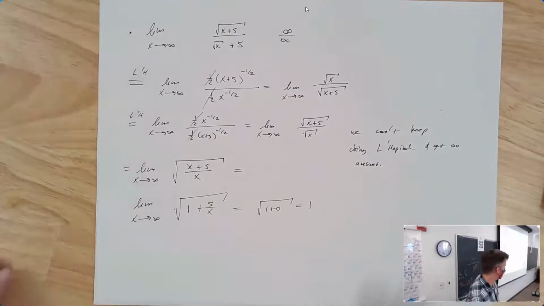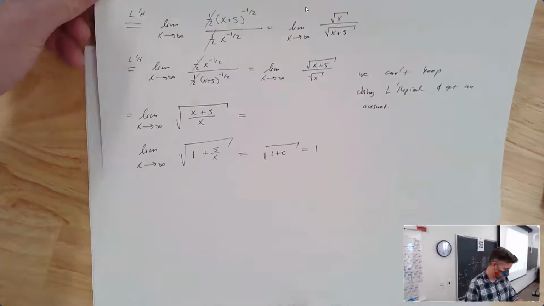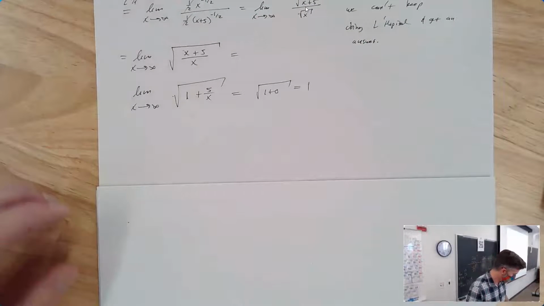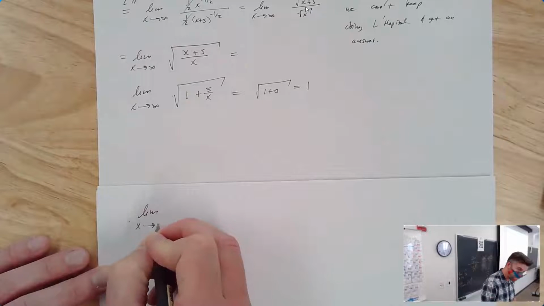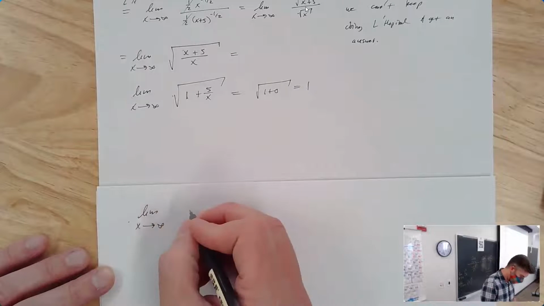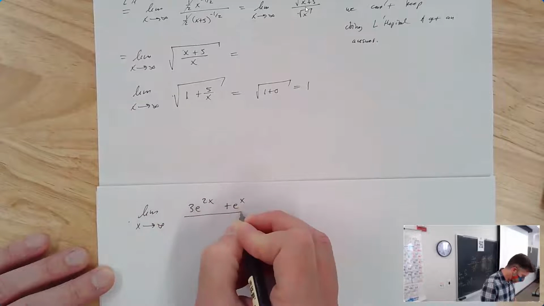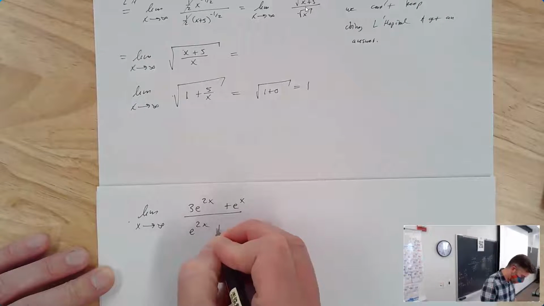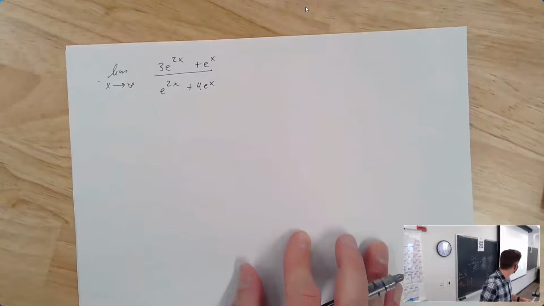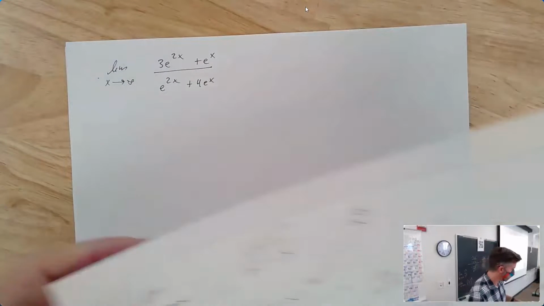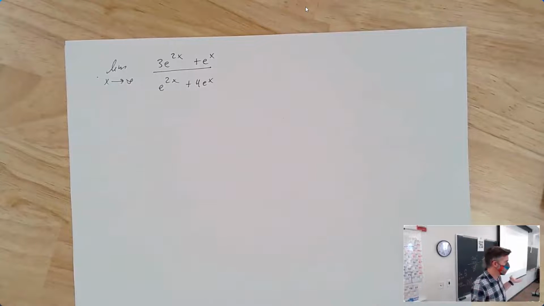I think this next problem has the same sort of problem. Let's look at the limit as x goes to infinity of 3e to the 2x plus e to the x over e to the 2x plus 4e to the x. Definitely infinity over infinity, right?